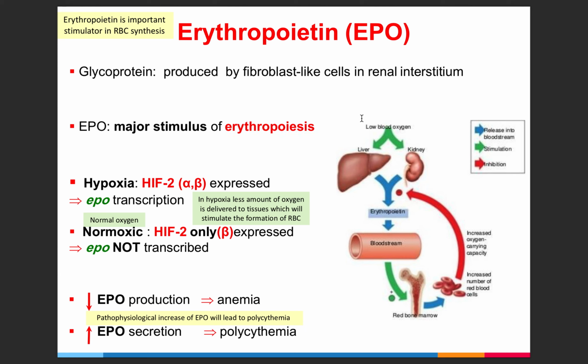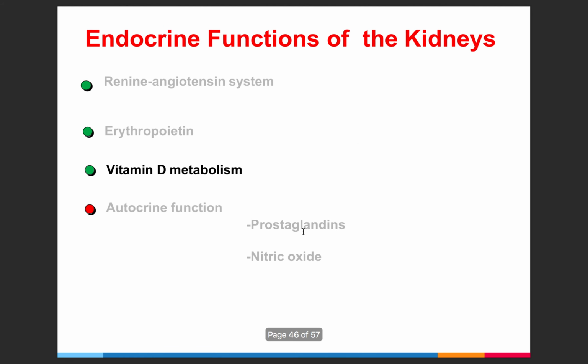So once you have anemia, for example, less oxygen goes to the purine. The purine will not get oxidized, will not cause hydroxypurine, and will not activate the enzymes that degrade the alpha subunit. So you will have more alpha subunit in the system, and you already have beta subunit. Alpha and beta subunits will be formed, and this goes to the bone and produces more RBCs.